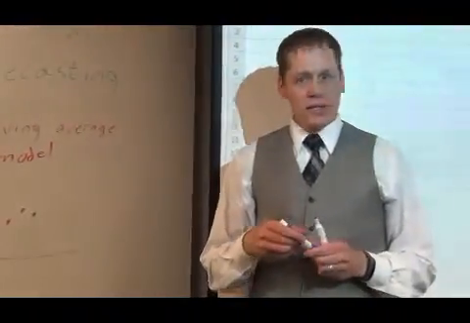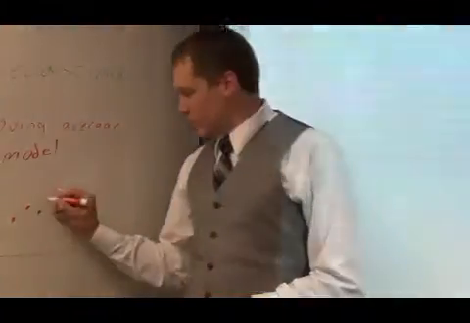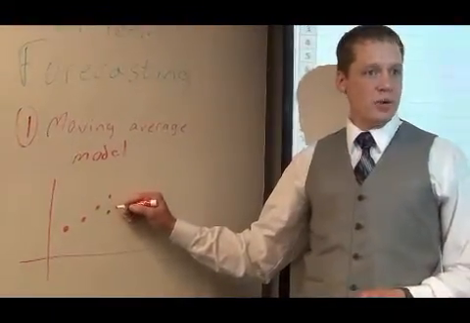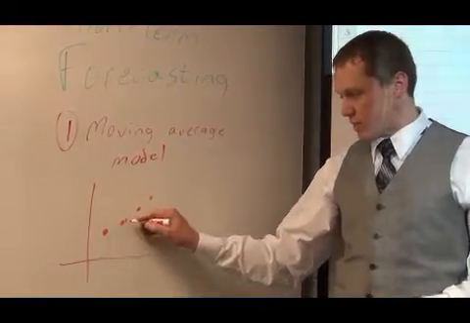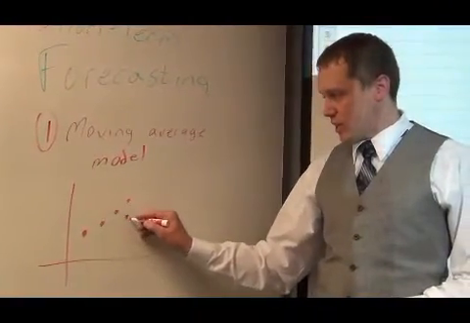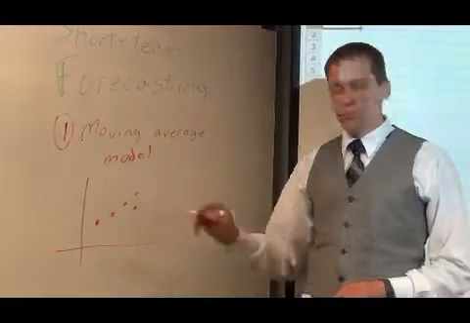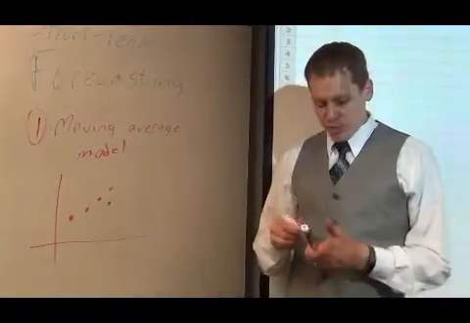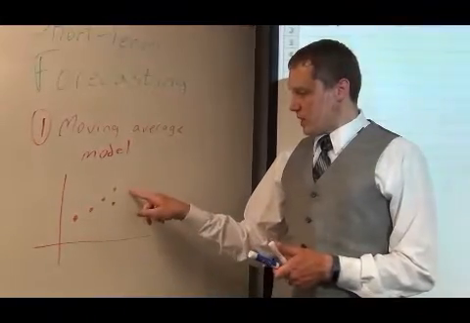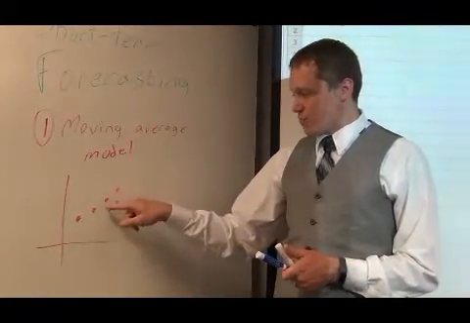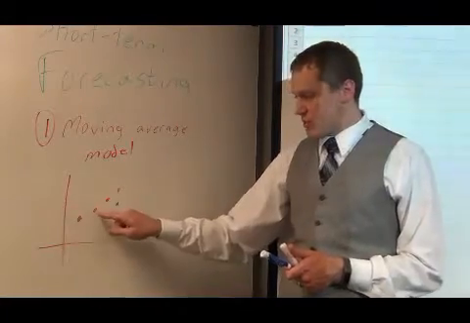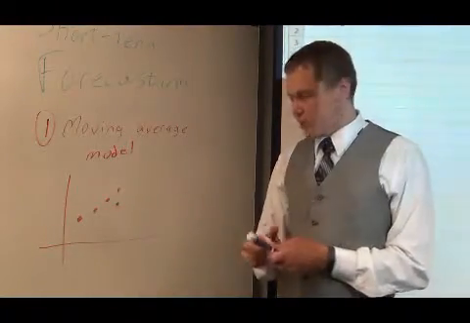Okay? Now maybe the real value would have been something like this, and so I obviously was wrong in my prediction. I predicted something that was the average of the first 3, when in fact the next one was up a little higher. So for the next time period, what I want to predict is the average of the 3 previous values to it. So I'm going to leave off the first value and now just take the average of the next 3 values.